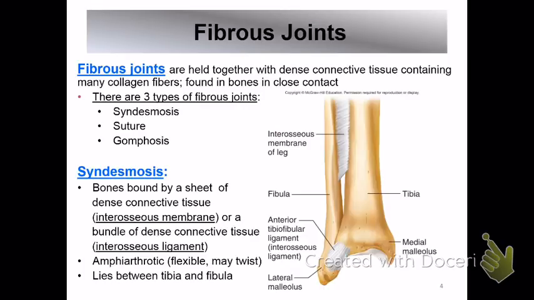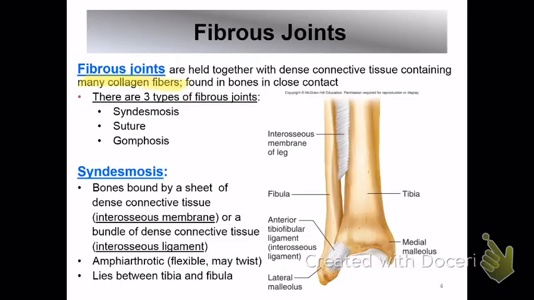Starting out with the first structural classification, fibrous, and you probably aren't surprised to know that it's held together with dense connective tissue containing collagen fibers. So highlight collagen fibers found in the bones. There are 3 types of fibrous joints: syndesmosis, suture, and gomphosis.